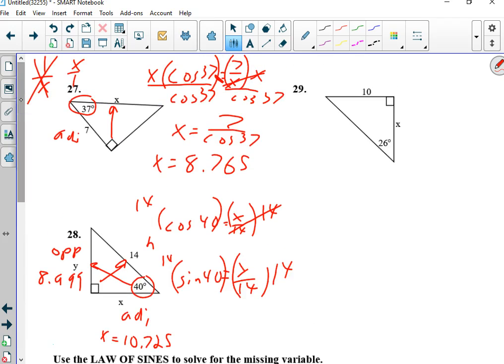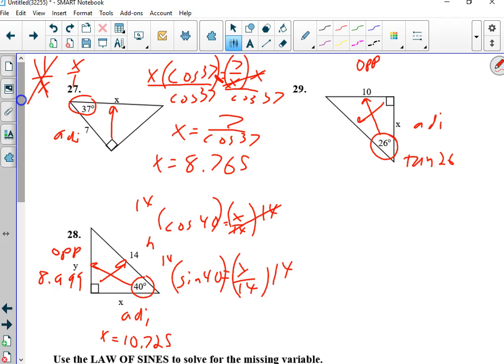29. Notice I don't have my hypotenuse. If I don't have a hypotenuse, I can't be using sine or cosine. No AHs or OHs. It's OA. So here's Grover. He's looking over there to the opposite side, way over there, and right here is adjacent. Right here. Right next to him. So that's OA.